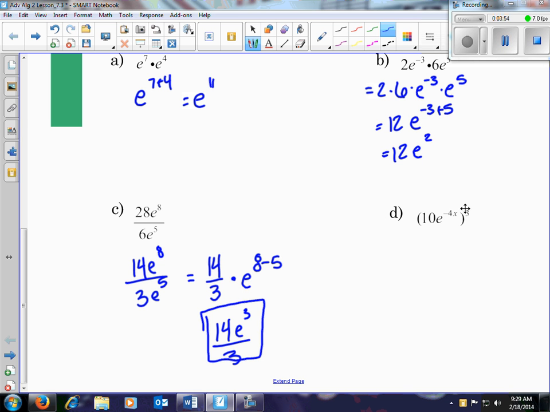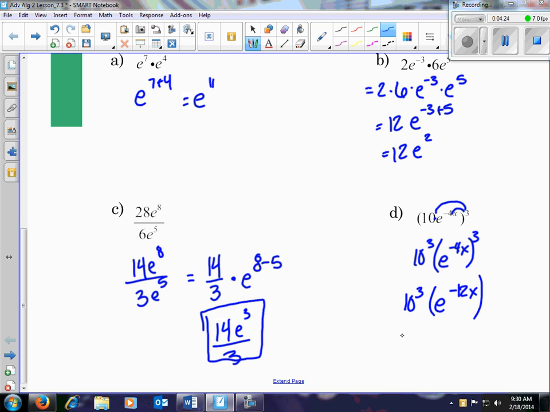And the last one. Now remember, when I have a power to a power, I can almost distribute this 3. It doesn't count as distribution, but since this is multiplication, it has to go to each piece. So I really have 10 cubed times e to the negative 4x cubed. Now I have power to a power, so I'm going to multiply my powers. So I have 10 cubed times e to the negative 12x.